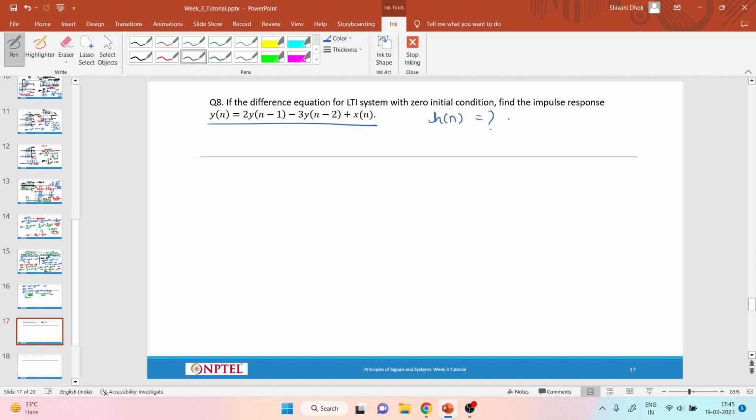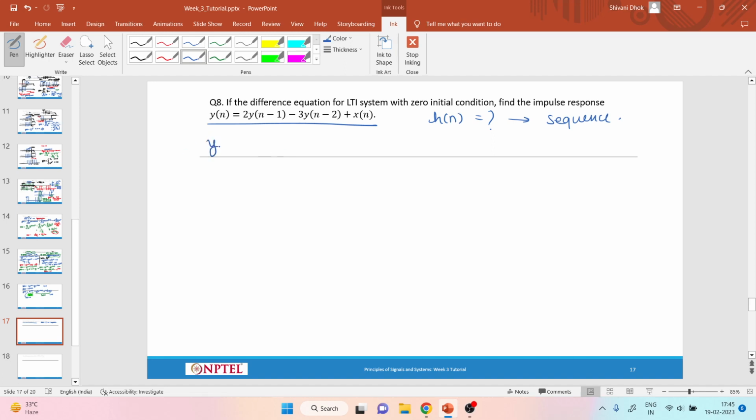I'll find a sequence for this, and its initial conditions are 0, which means that I'll get y of n equal to 0 for n less than or equal to 0. For all of these conditions I'll get it as 0.